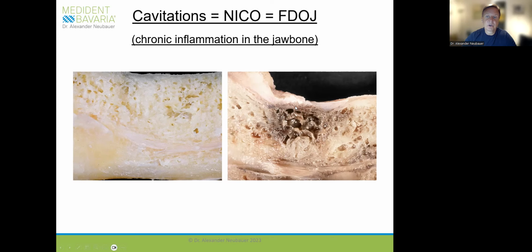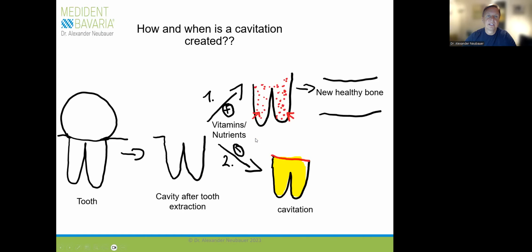There is something going on. This is the typical picture, the clinical diagnosis of a cavitation. So when we talk about cavitations, we talk about exactly this hole in the jawbone, which is filled with a lot of stuff we do not want to have, especially not inside our jaws.